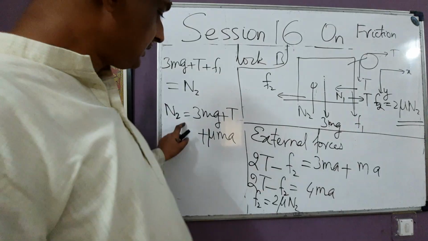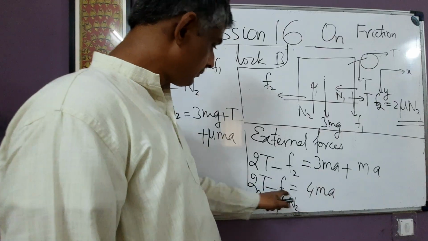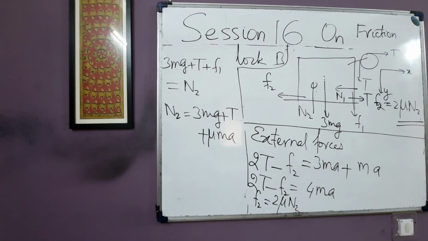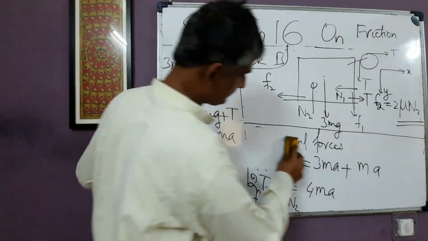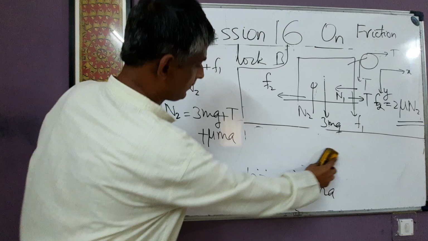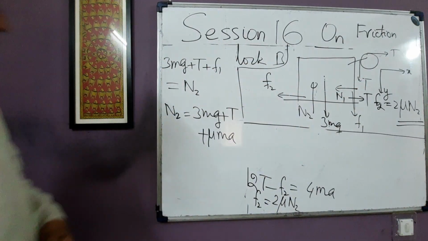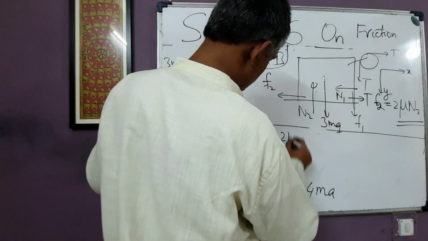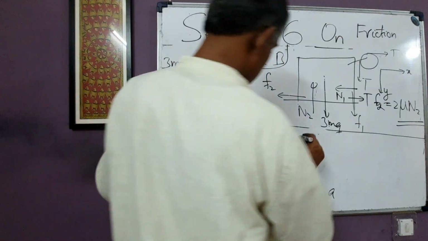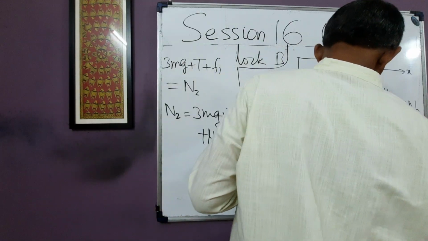Now I replace this N2 in F2, and replace F2 in the combined equation. So what do I get? 2T minus 2 mu into N2, where N2 is 3mg plus T plus mu ma.